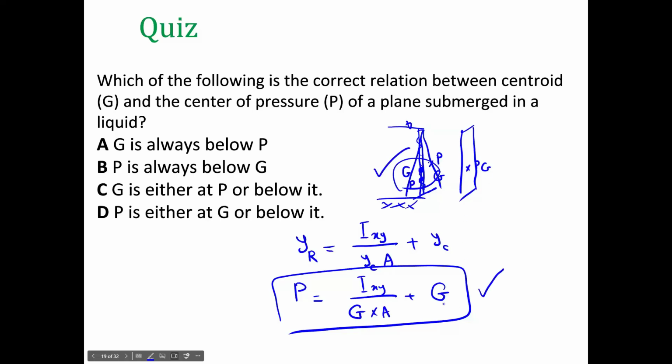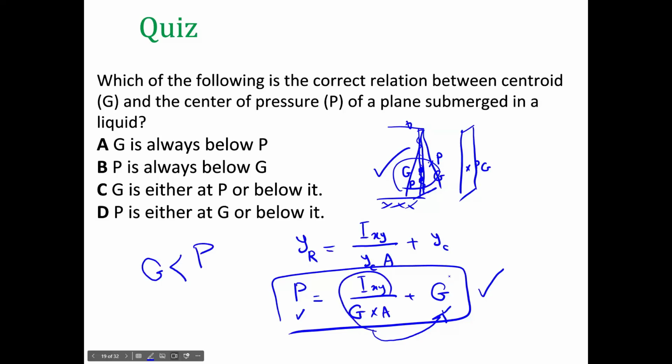But if you look at this one, G is here, P is here. This is the general formula for all shapes. You should always add something to G, which makes it equal to P. So it means that G is always less than P, right?